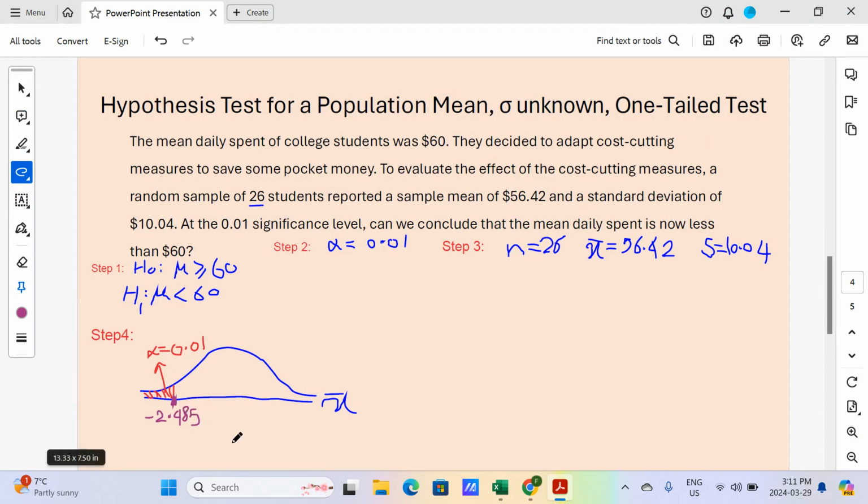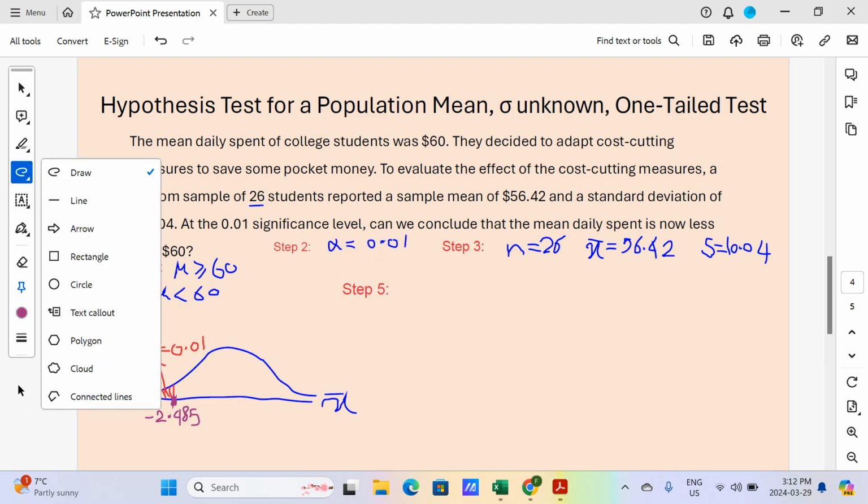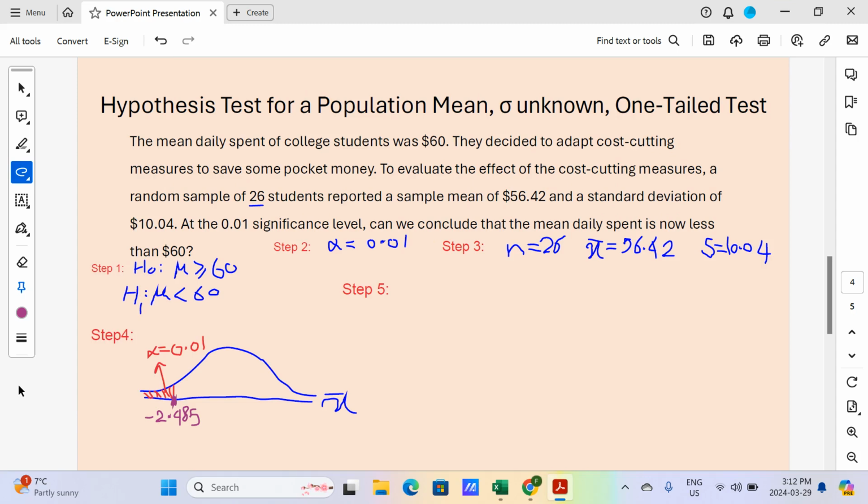Okay, so step 4 is done. I have identified the rejection region clearly. Now let's go and do step 5. In step 5, we need to find the t-value of x bar. Because sigma is unknown, I'm going to use the t-value to find the test statistic.